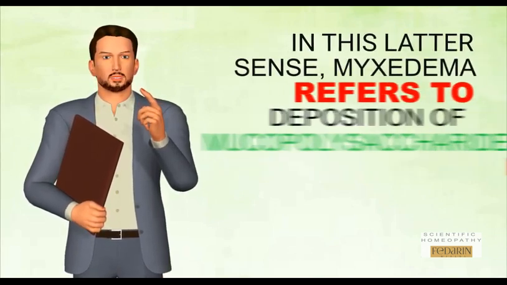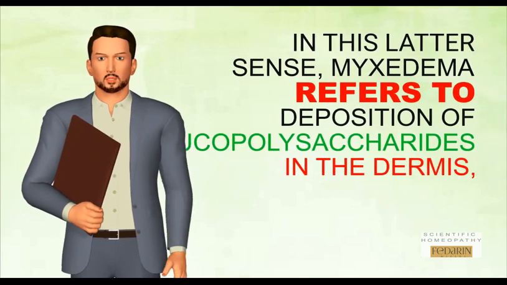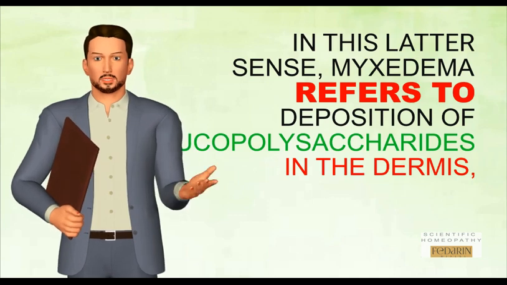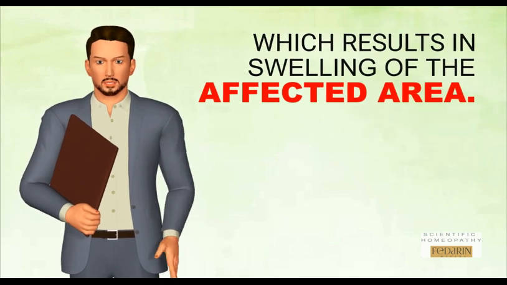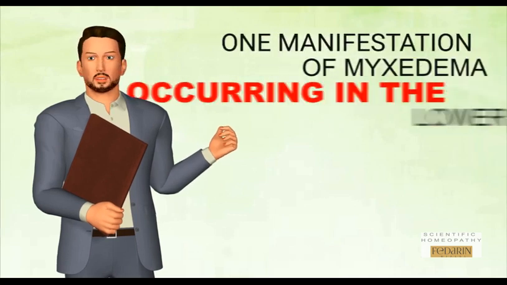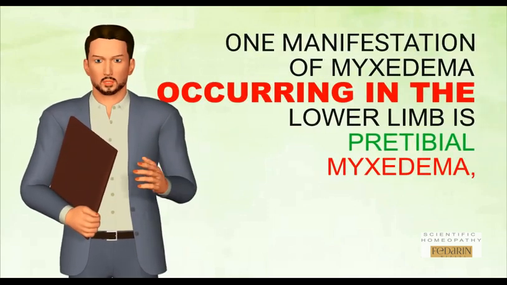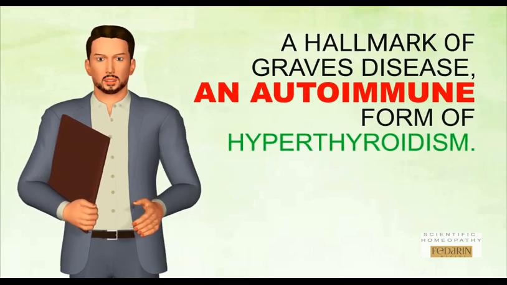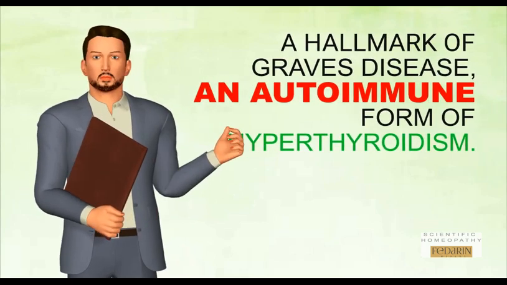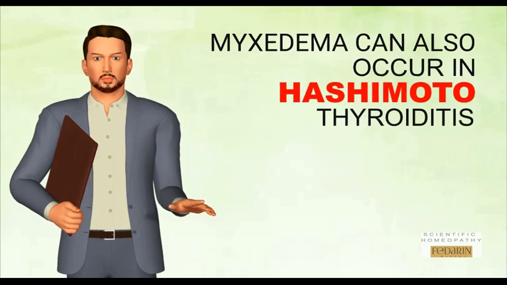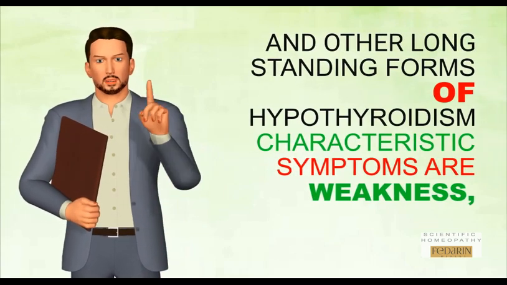In this latter sense, myxedema refers to deposition of mucopolysaccharides in the dermis, which results in swelling of the affected area. One manifestation of myxedema occurring in the lower limb is pretibial myxedema, a hallmark of Graves' disease, an autoimmune form of hypothyroidism. Myxedema can also occur in Hashimoto thyroiditis and other long-standing forms of hypothyroidism.